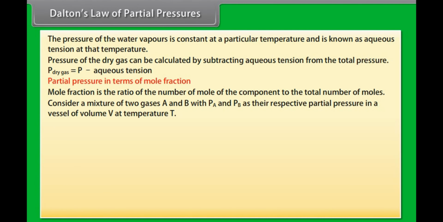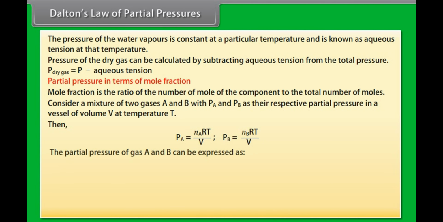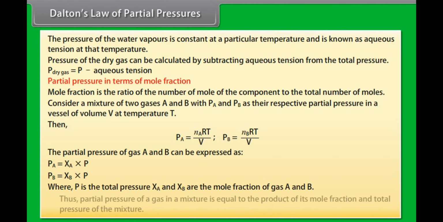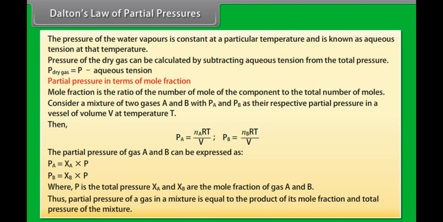Consider a mixture of two gases A and B with Pa and Pb as their respective partial pressures in a vessel of volume V at temperature T. Then, Pa is equal to NaRT by V, Pb is equal to NbRT by V. The partial pressures of gas A and B can be expressed as Pa is equal to Xa into P, Pb is equal to Xb into P, where P is the total pressure, and Xa and Xb are the mole fractions of gas A and B.